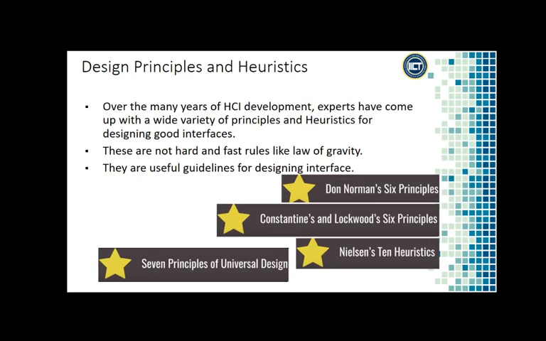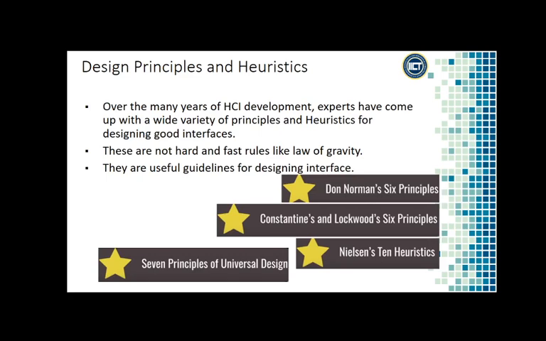Then there is Usability Inspection Methods by Nielsen, which provides 10 heuristics. An interesting fact is that Don Norman and Nielsen did business together and formed Nielsen Norman Group, which was for user experience training and consulting and HCI research. So they both are popular names in the field of HCI.